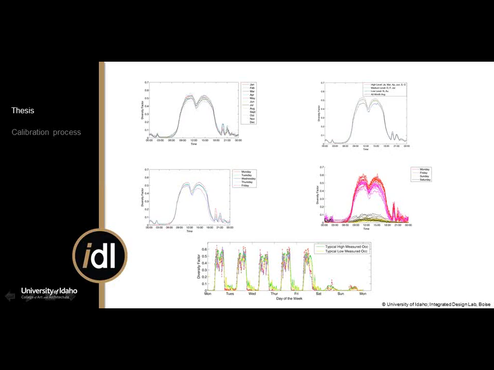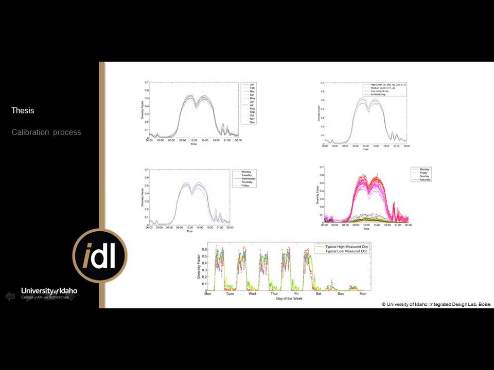There wasn't a statistically significant difference between them. But the second part of my research is trying to prove if they do have a significant impact in the resulting energy use in the building.